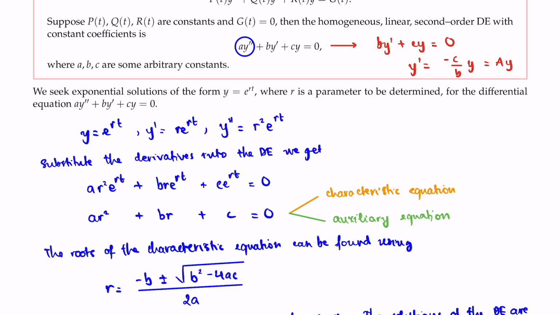But hopefully it is clear that a stays the same, y double prime becomes r squared, b stays the same, y prime becomes just r, and c stays the same, and y is the zero derivative, so you don't write that down in the characteristic equation.